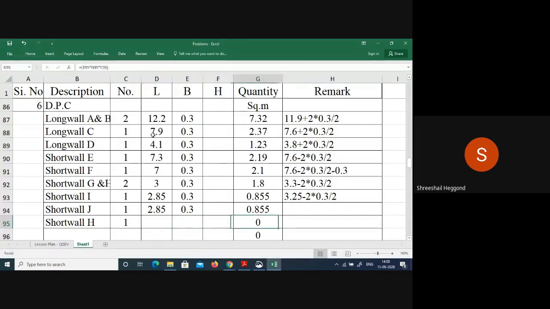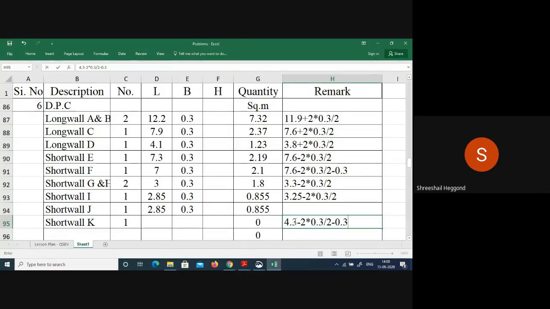Next, H wall. No, it is K wall, not H. Center length is 4.3 minus 2 into 0.3 divided by 2 minus 0.3, because in between one more wall is joining.